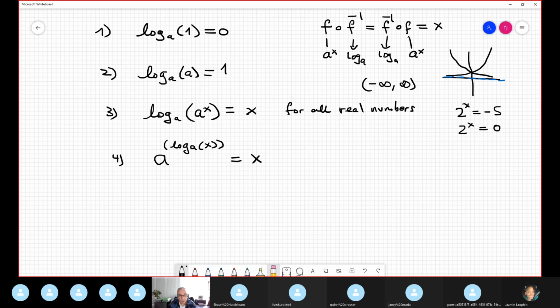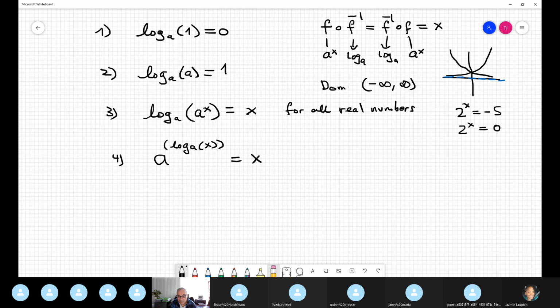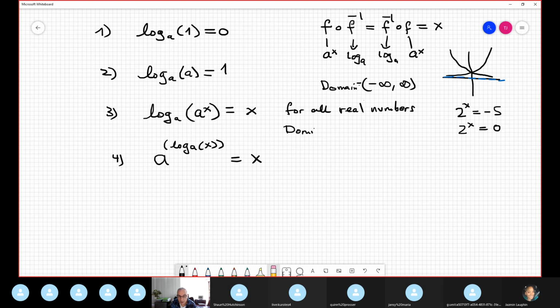In this case, no, because the logarithm is picky. This was the domain of the exponential, but the domain of the logarithm is the interval (0, infinity). So the logarithm only accepts positive numbers inside the argument.